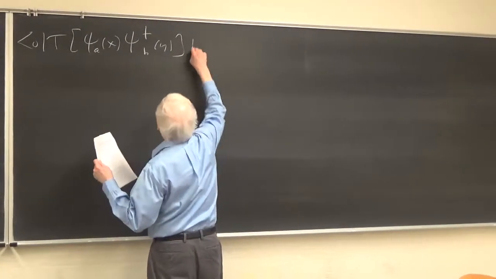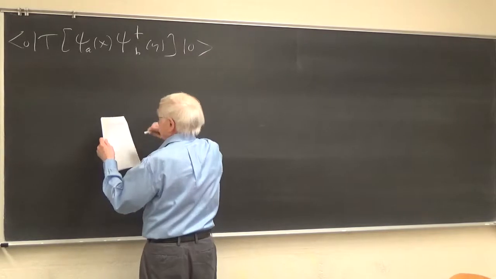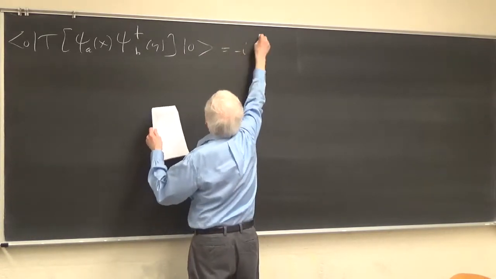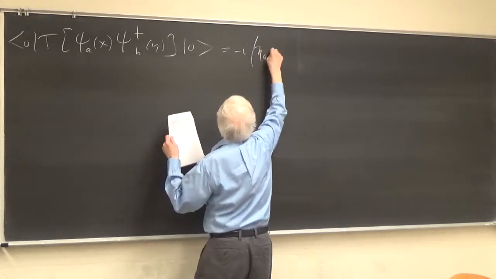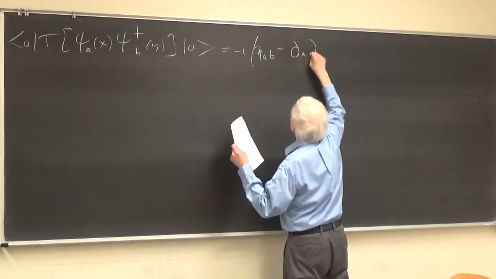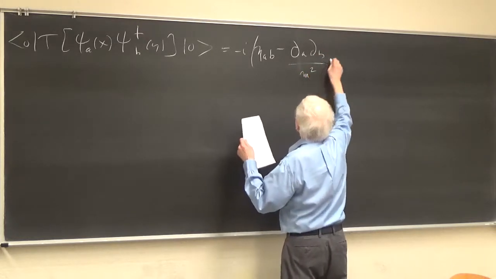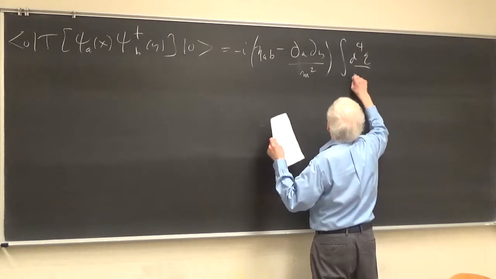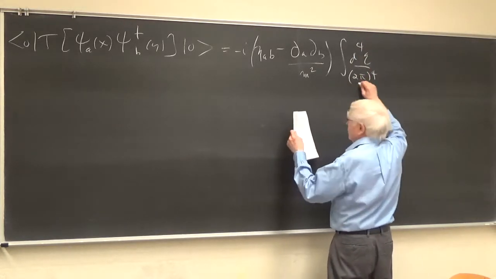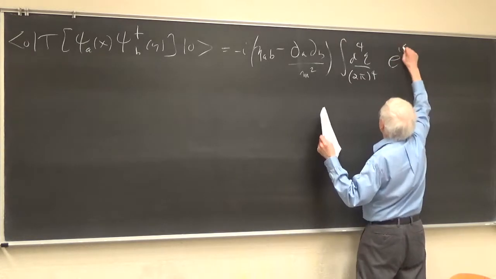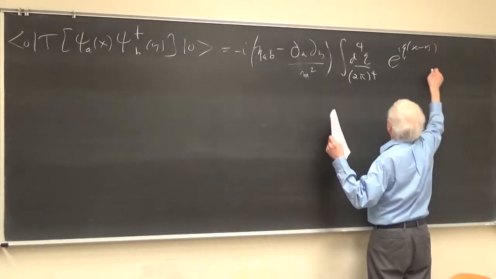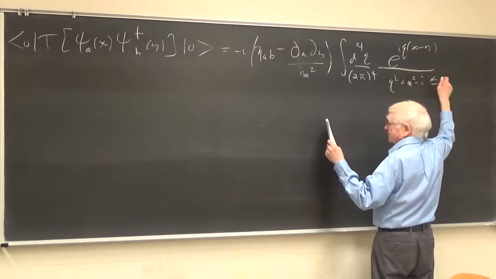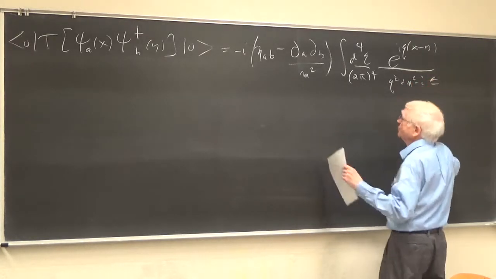Actually, there's no need to rush. I'm not going to run out of time. Minus I, A to AB minus dA dB over m squared, integral d4q over 2 pi to the 4th, e to the I q dot x minus y, over q squared plus m squared minus I epsilon. Okay, that's what we've got.